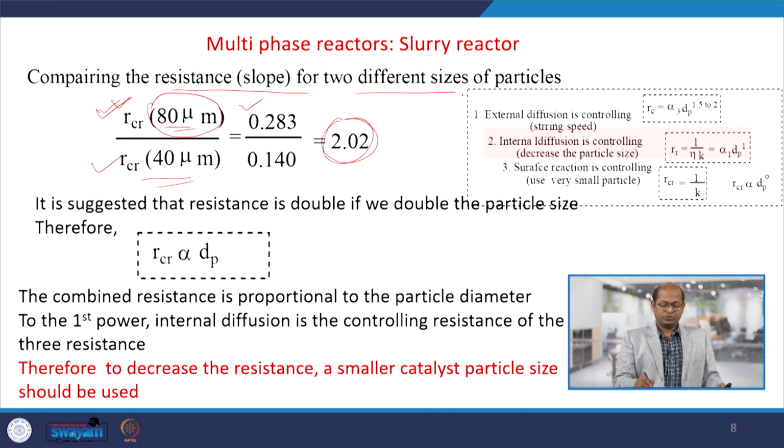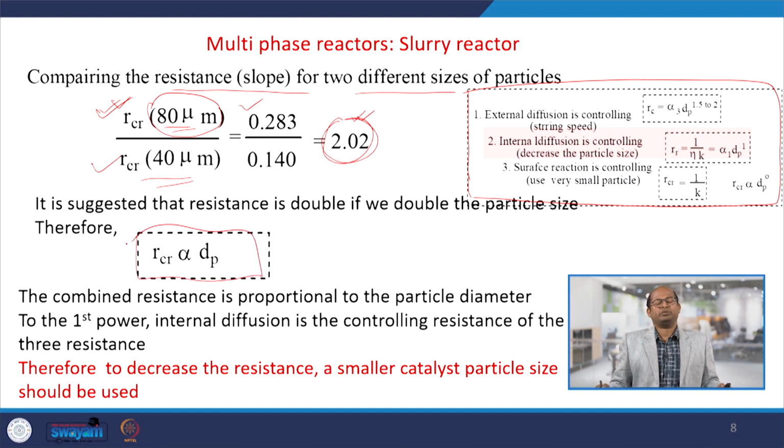It indicates that the catalyst particle size, 40 and 80, is almost double, so the resistance is also almost double. So resistance is directly proportional to the diameter of the particles. If the particle diameter is 40, we get this resistance, and similarly if we double the diameter of the particles, the resistance will be double.